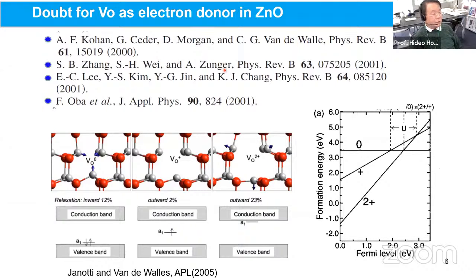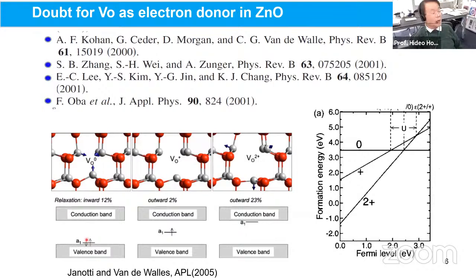Most of them claim that the energy level of the oxygen vacancy is much deeper, so it cannot work as a shallow electron donor. This is almost a common claim of these groups: the energy level of the oxygen vacancy is much deeper, around here, near the top of the valence band.